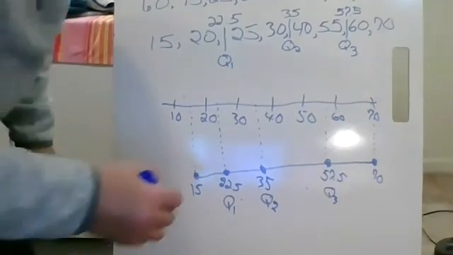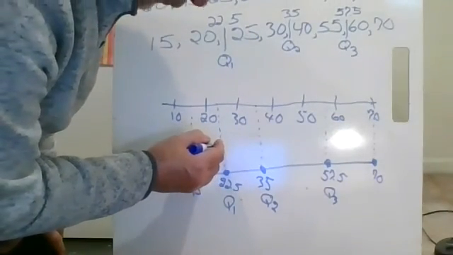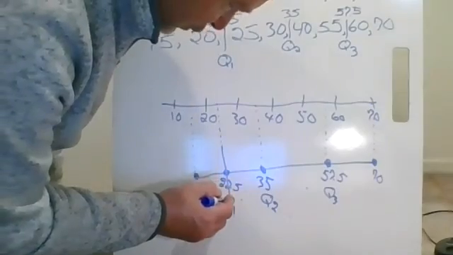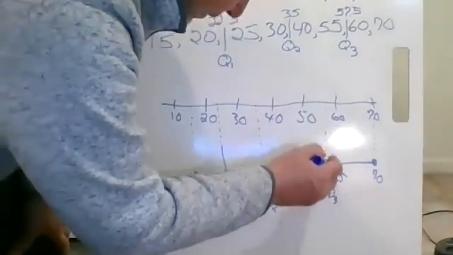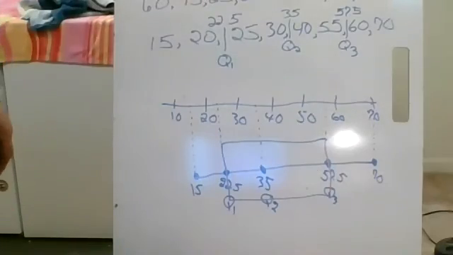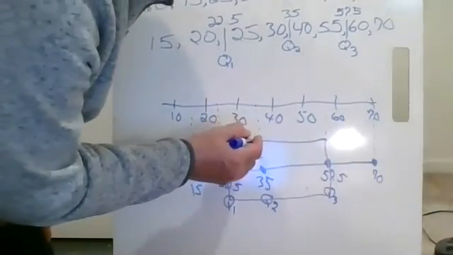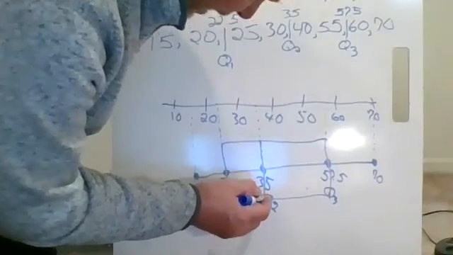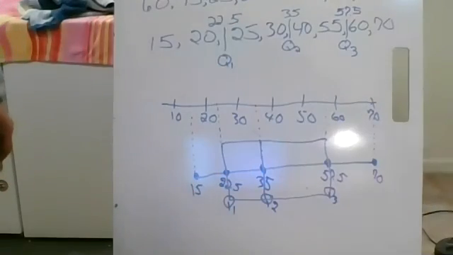Right, quartile 1 to quartile 3. So you just draw the segments and you draw your box. Quartile 1 to quartile 3. And then we draw the segment through quartile 2. And there's our box and whisker plot.